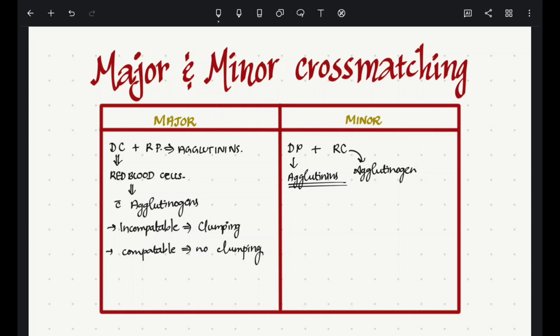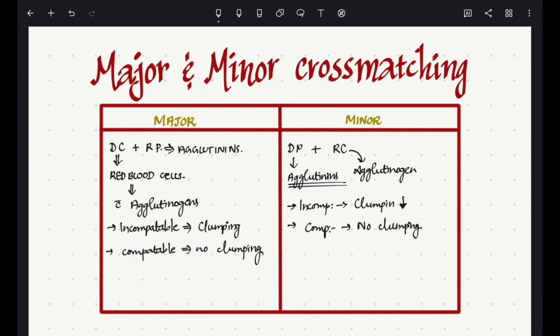It will cause clumping, but not to the degree of the clumping caused by the donor's cells. Incompatible will cause clumping. Let us put an arrow here which shows a low degree of clumping. And compatible means, of course, no clumping. Okay, so this is what happens in major and minor cross matching.